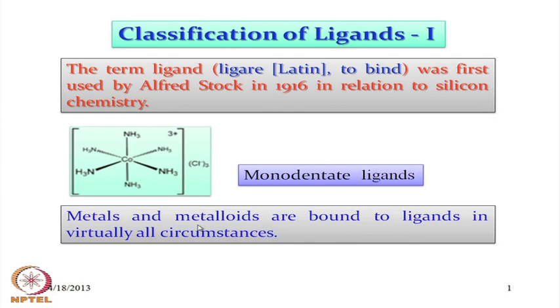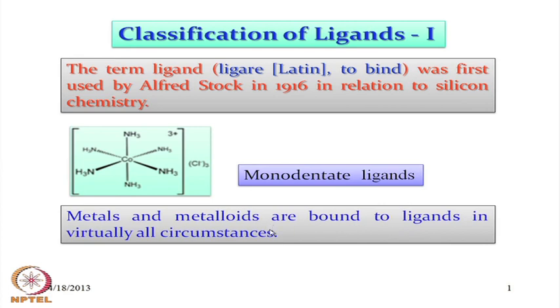Not only metals, but also metal-like elements such as metalloids, when bound to ligands, we see that in virtually all circumstances, when the metal is in the free form as Mn plus, or the metalloid is in the free form, they always try to bind ligands.